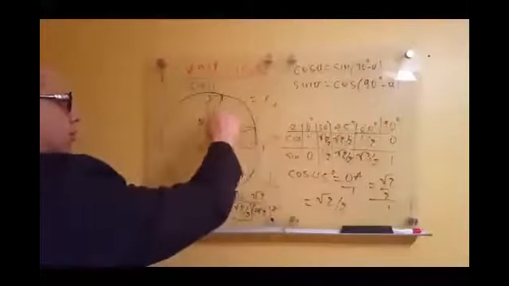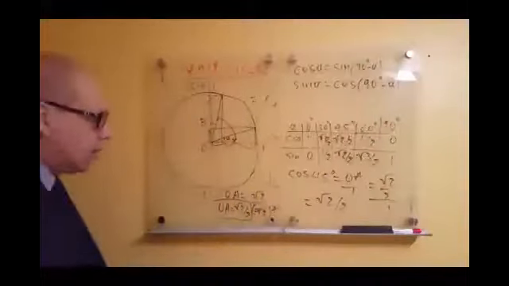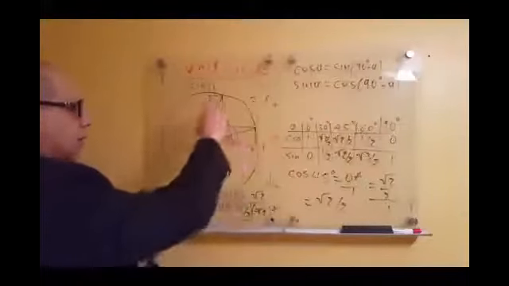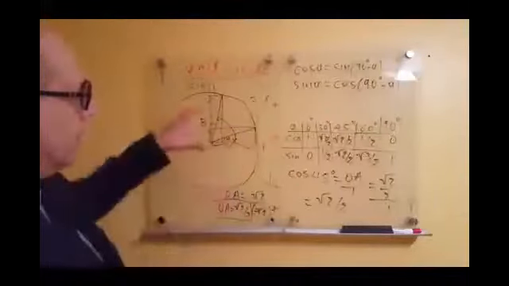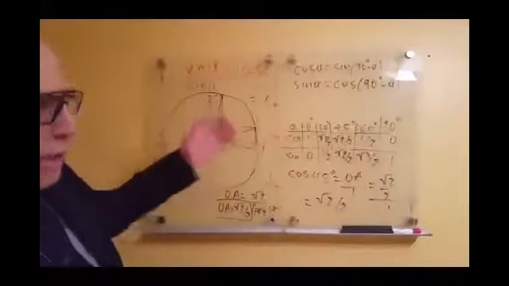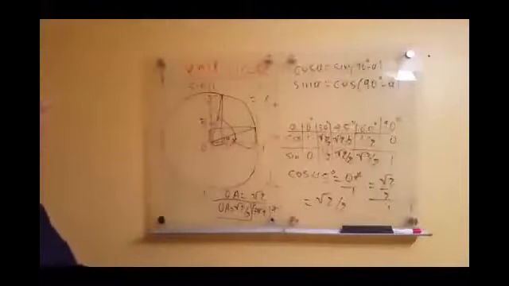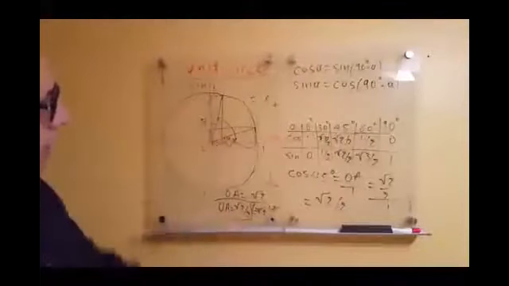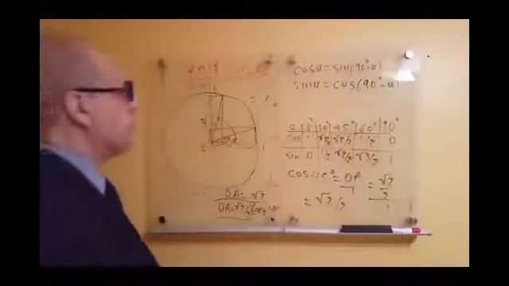I mean, this here is the first quadrant, the second, the third, and this is the fourth quadrant. So you can always refer the cos and sine of any angle to the two angles in the first quadrant.